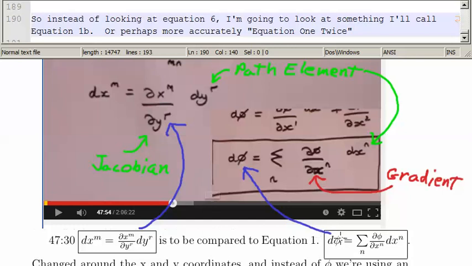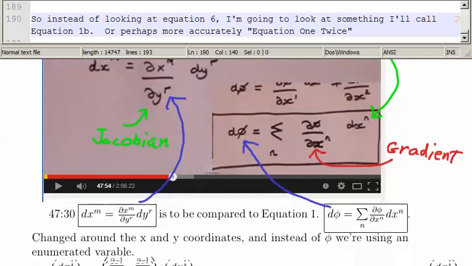Equation 1 has just a differential change. This is a differential vector. This is just a differential scalar. And it is the sum of a gradient times a path element. So this is the similarity between them. Here we have a vector, here we have a scalar, here we have a Jacobian, here we have a gradient.